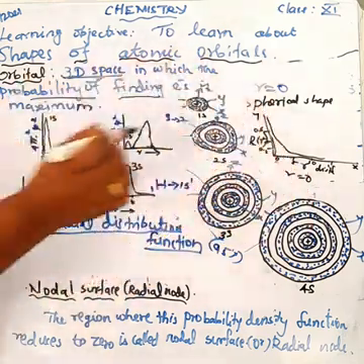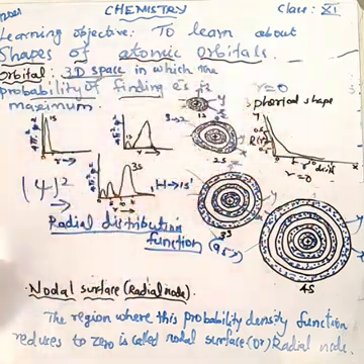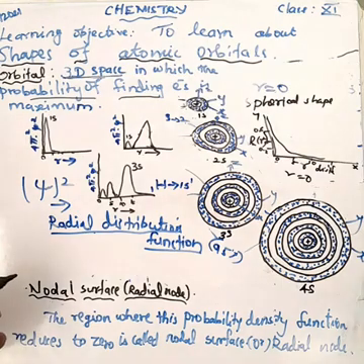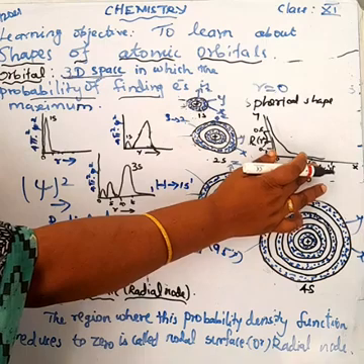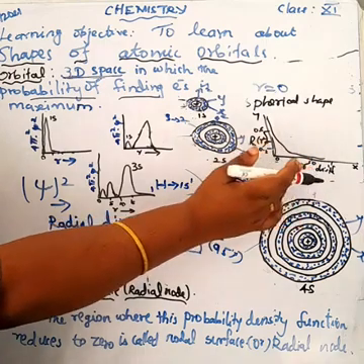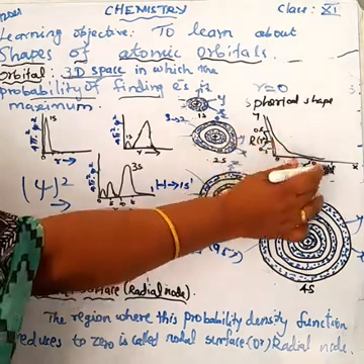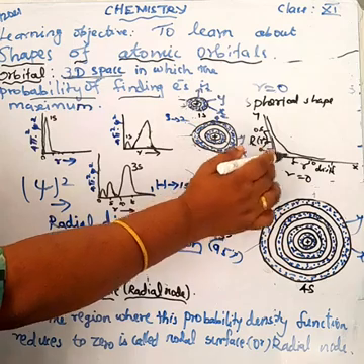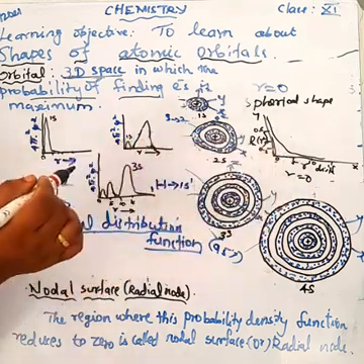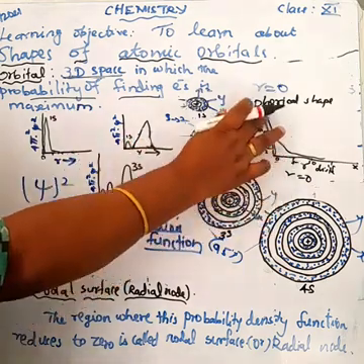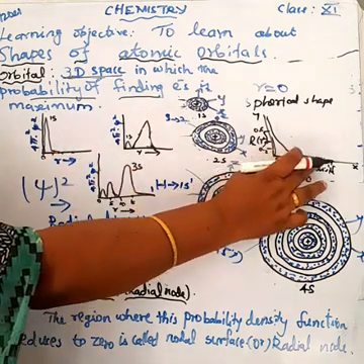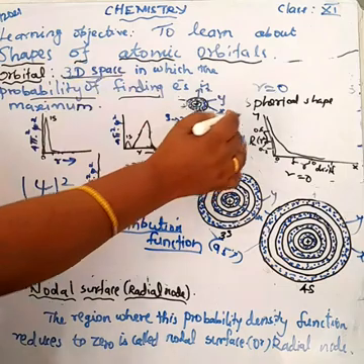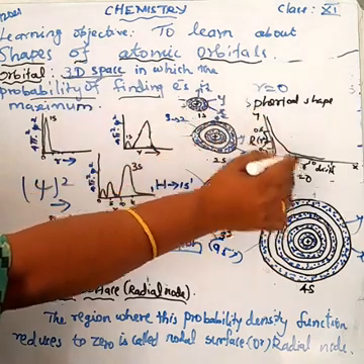When the distance gradually increases, the maximum probability of electrons decreases.